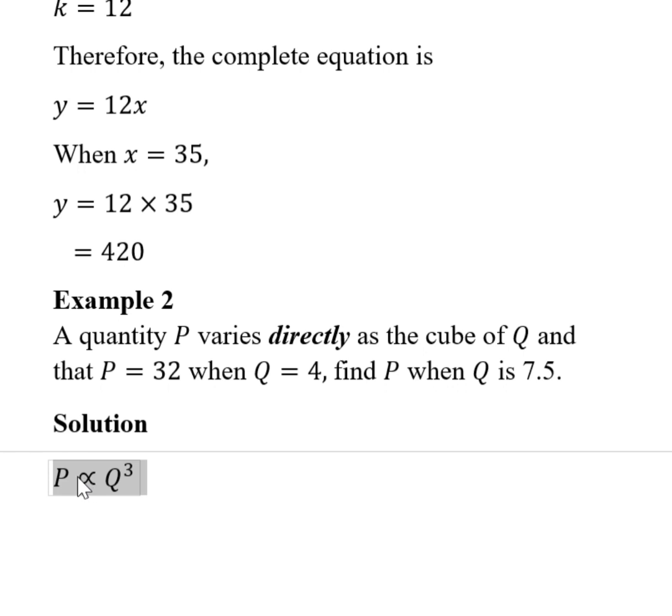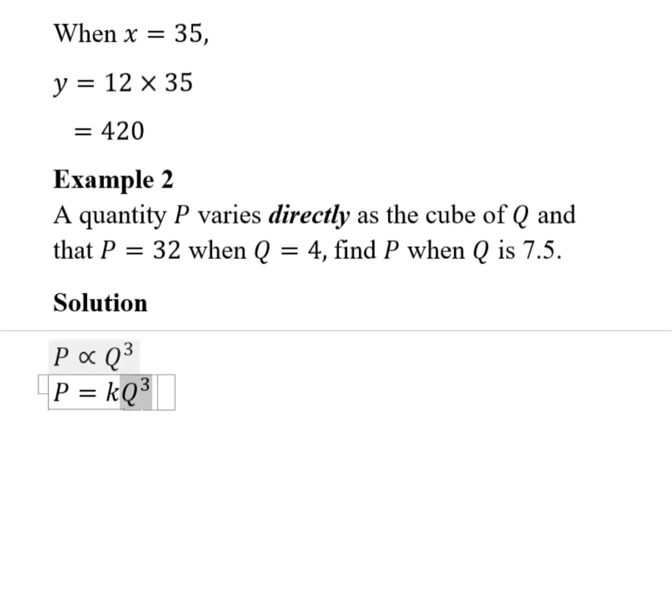Change this to an equal sign to introduce the constant. So we shall have p is equal to k times q cubed. Then after you have written it in this format, we substitute p with 32 and q with 4.